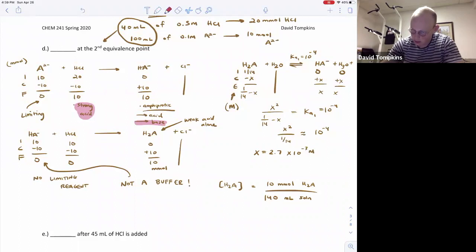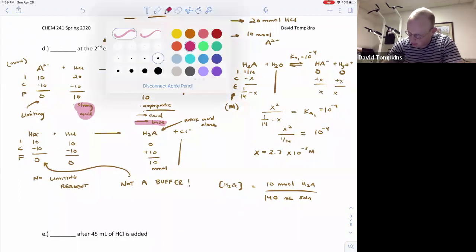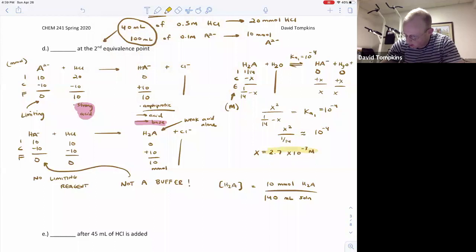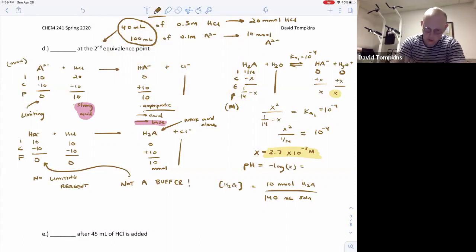And the meaning of x in this case is the hydronium concentration. And so the pH is equal to negative log of x, which is 2.57.